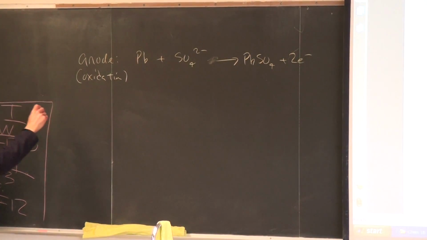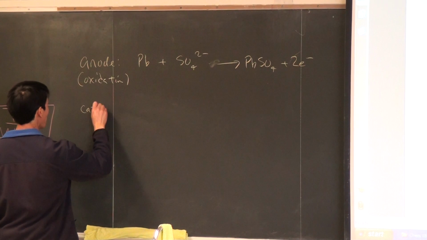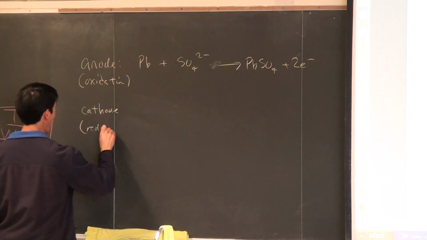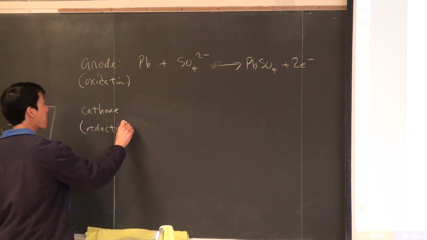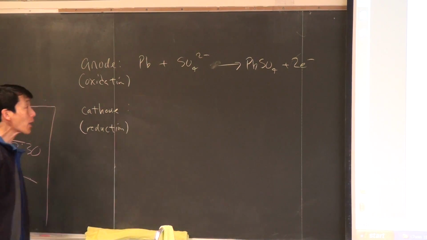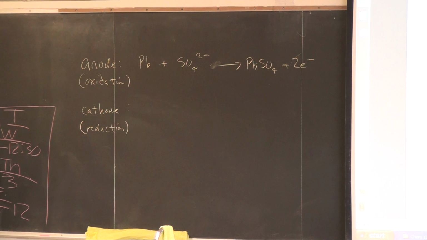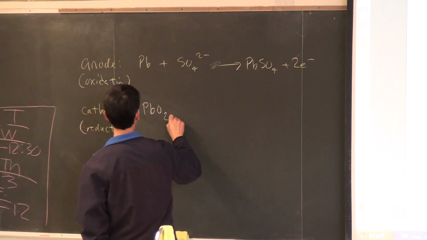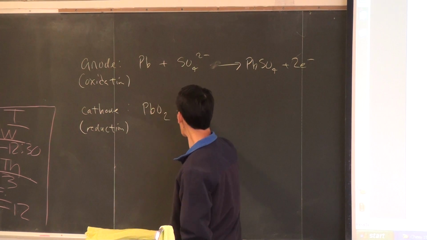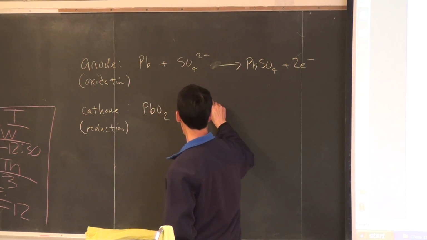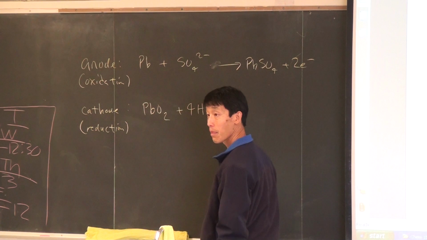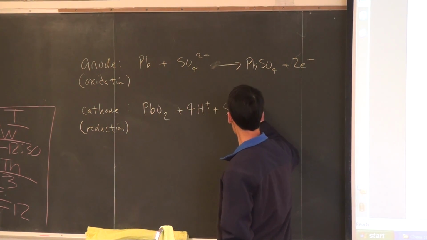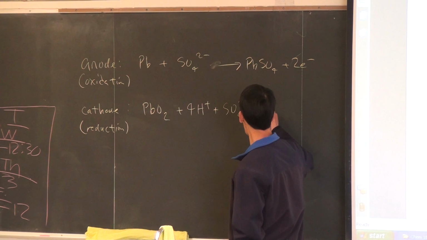And then at the cathode, this is where reduction occurs. So what reaction occurs at the cathode? Lead oxide. Okay, so you have lead oxide plus sulfate plus 2 electrons.